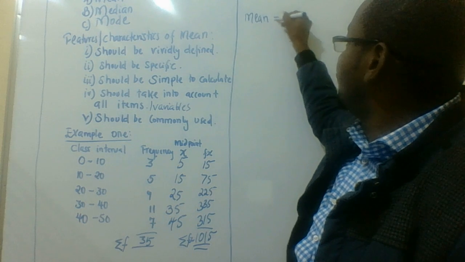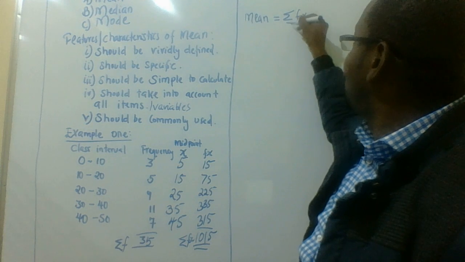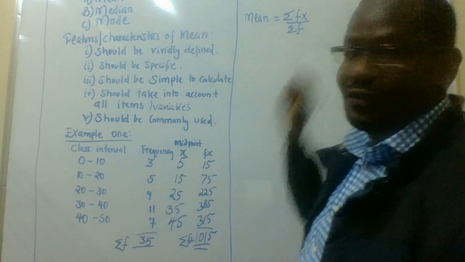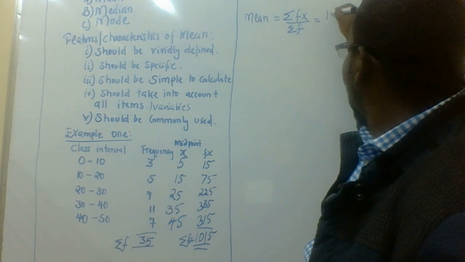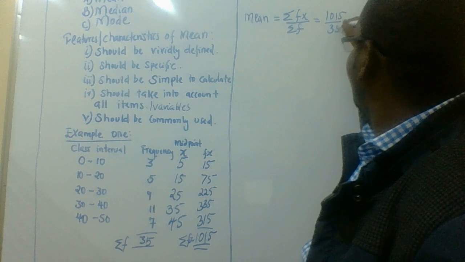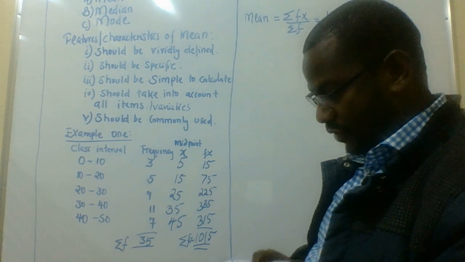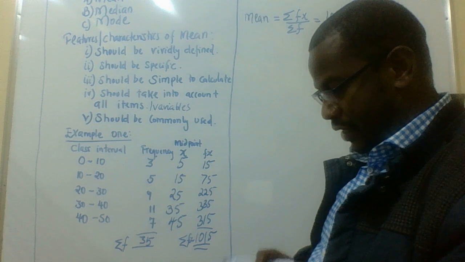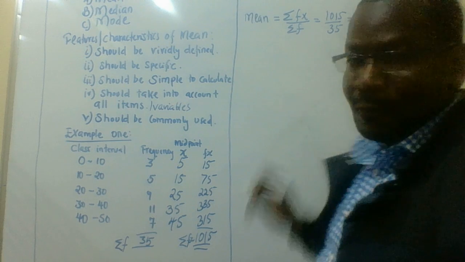Mean is equal to summation fx over summation f, whereby it is equal to 1015 divided by 35. So our average mean, 1015 divided by 35, is equal to 29.